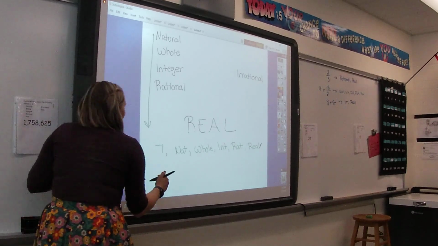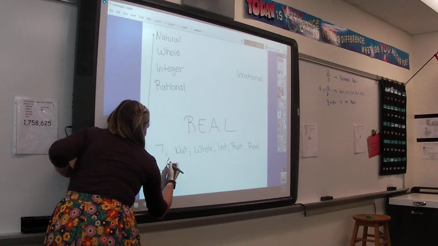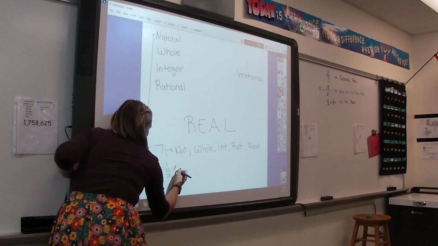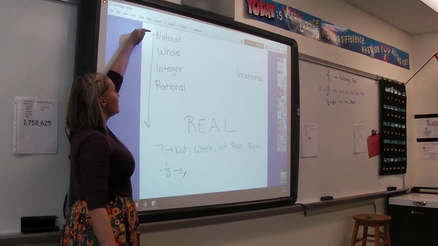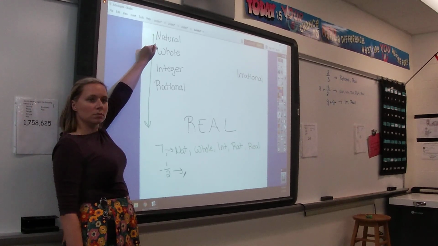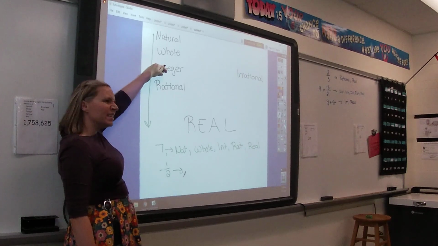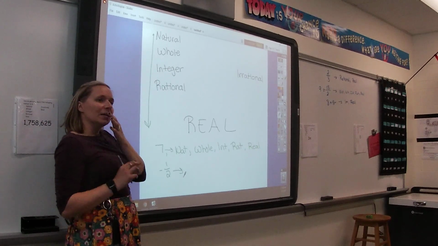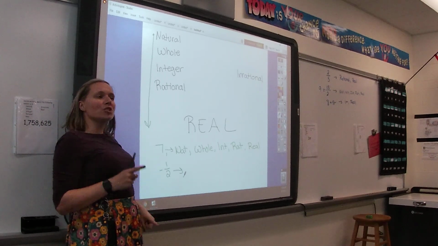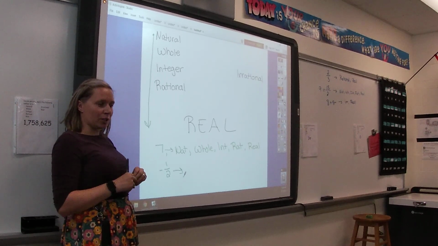Okay. What if I say negative 1/2? Rational. So let's go down the list. Is negative 1/2 natural? No. Is it whole? No. Is it an integer? No. What does integer introduce into the picture?